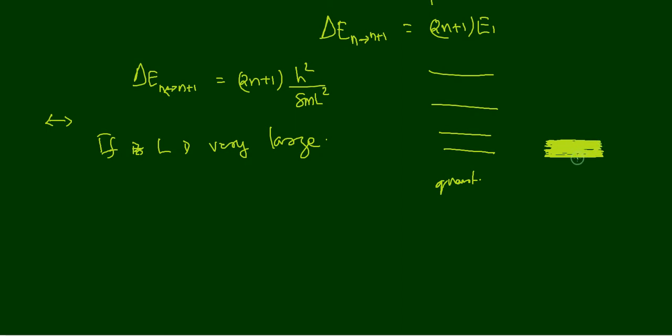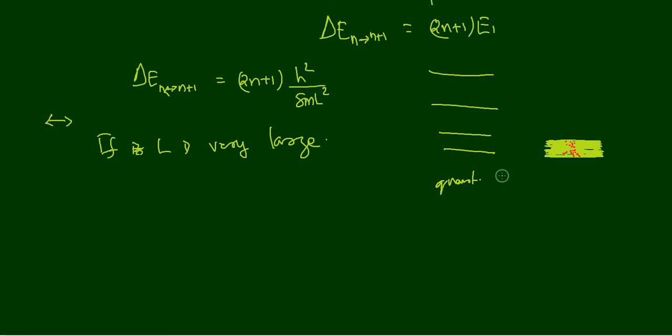This system can acquire any value of energy. It can sit here, here, any value of energy. So there is no quantization. If the difference in energy, delta E, is decreased, then the quantization vanishes.